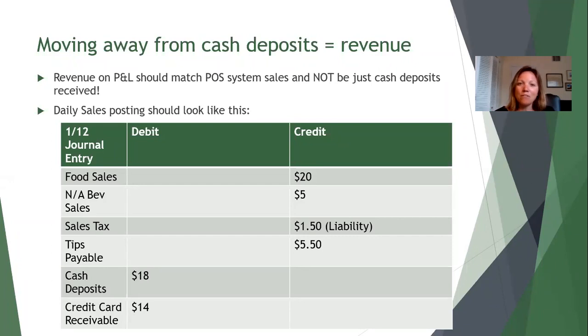Another example to think about, for those of you that do catering, you do also receive deposits in advance. Those should also not be revenue until you earn it, because what happens if somebody cancels, right? All of a sudden, those parties that we had booked may now have canceled.